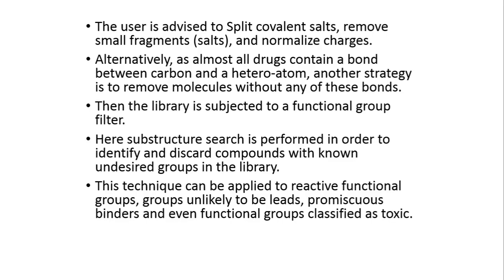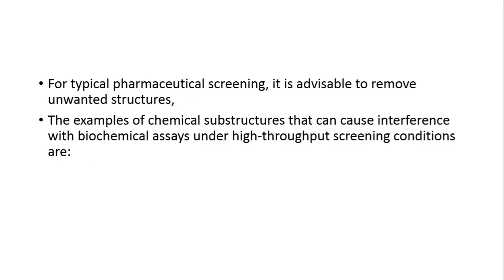Okay, so we need to identify such functional groups, and we need to remove all those compounds which possess such functional groups. Now for a typical pharmaceutical screening, it is usually advised to remove all the compounds which have some unwanted structures.